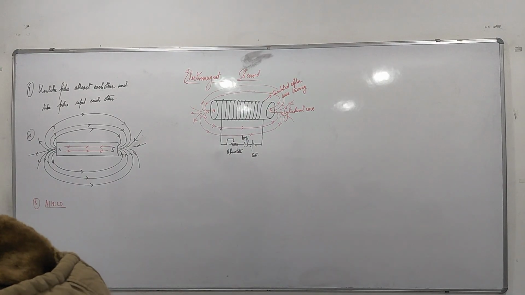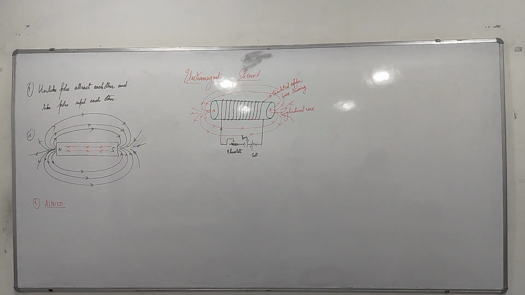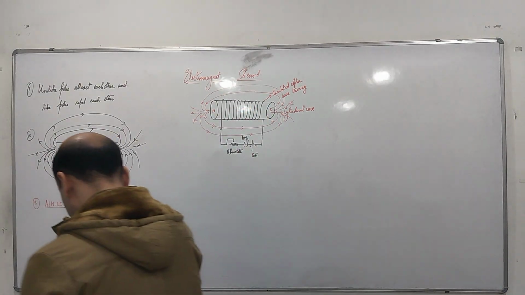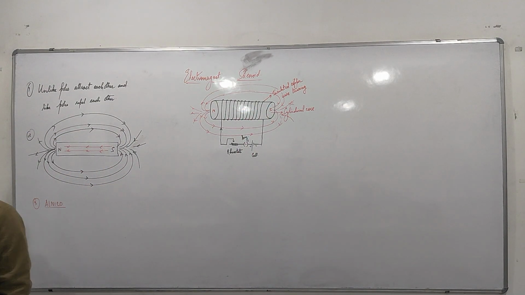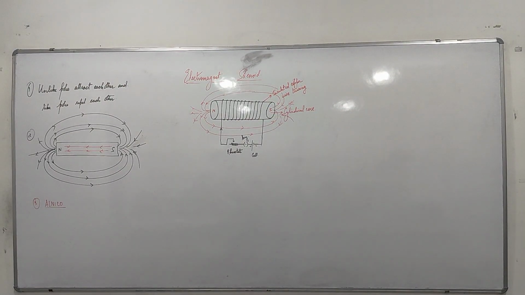For increasing the magnetic strength of an electromagnet, materials like soft iron are used.